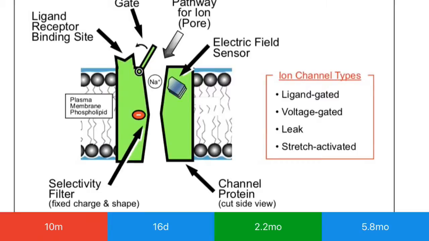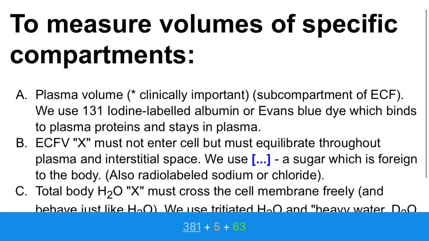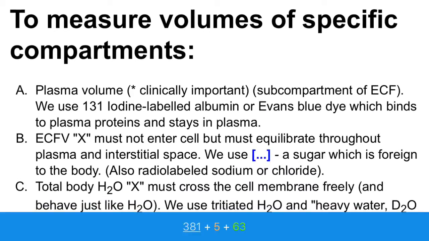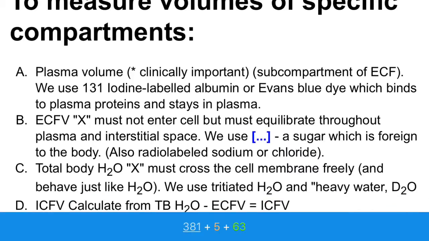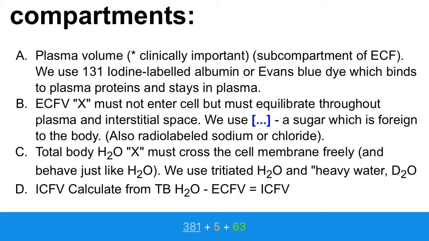Moving forward. To measure volumes of specific compartments, use Evans blue or iodine-labeled albumin. For the extracellular fraction, X must not enter the cell but must equilibrate throughout the plasma and interstitial space. We use ribose?